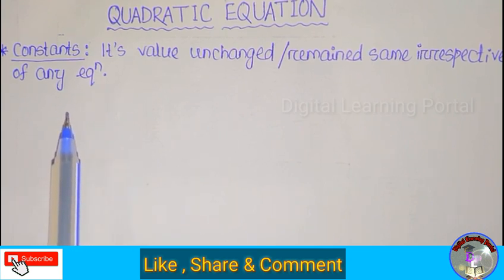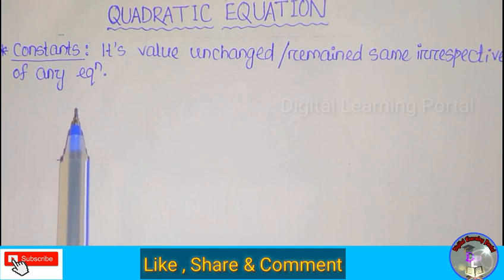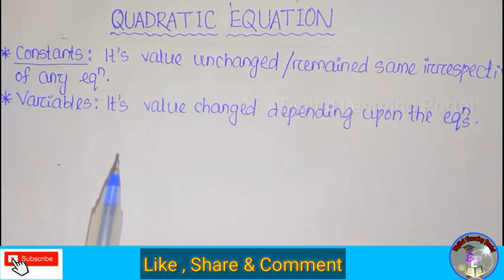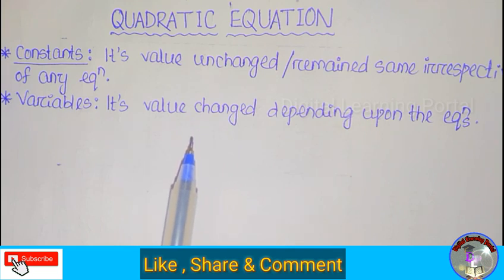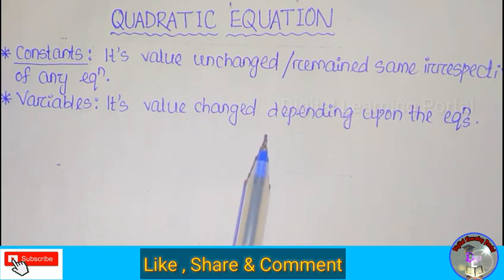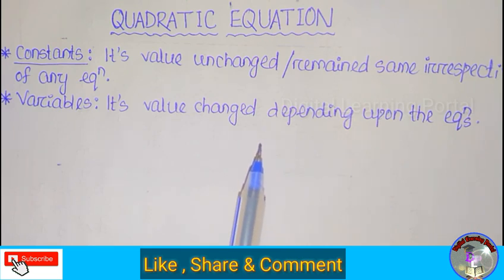Then we'll read about variables. A variable's value changes depending upon the equation. That means for different equations we have different values. So these terms are called variables.